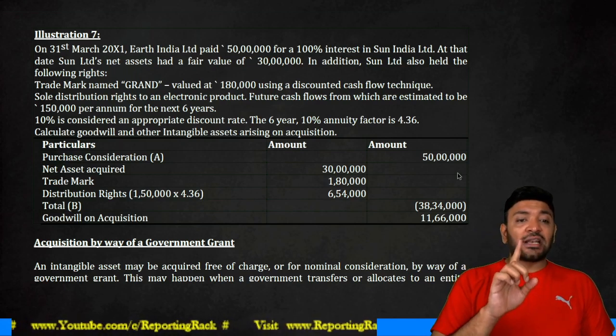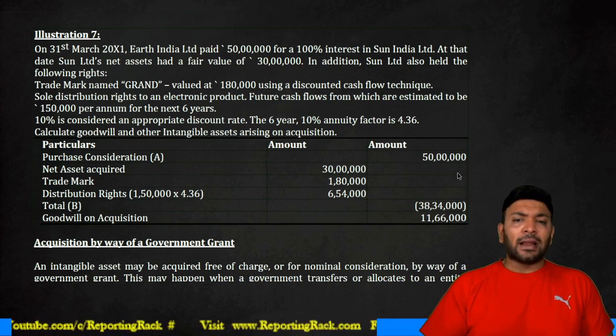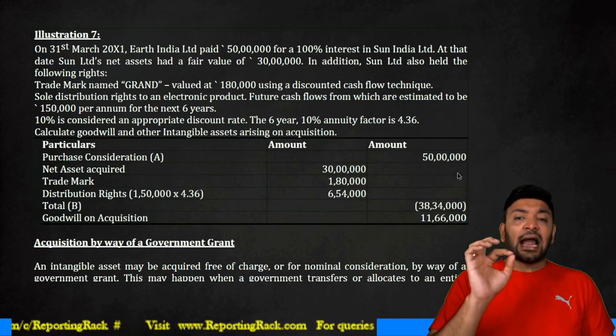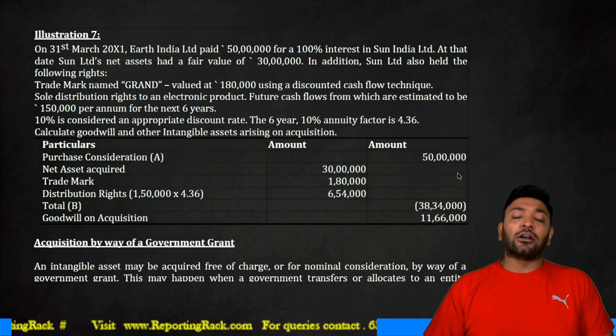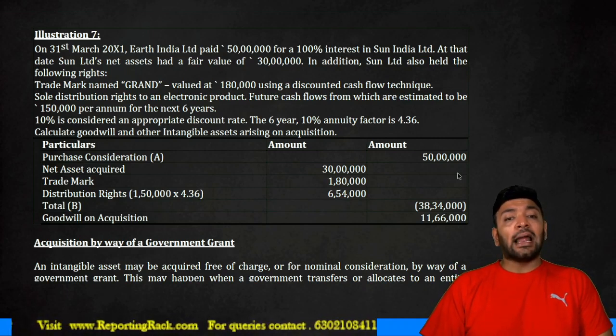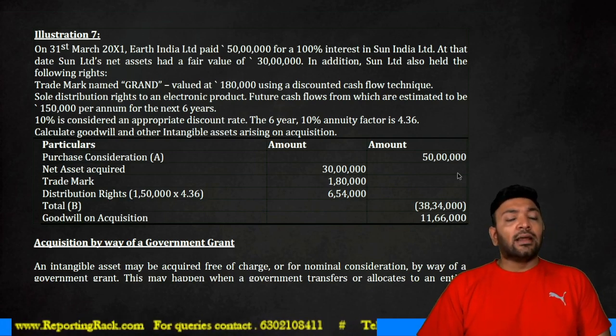So the sole distribution right has not been valued. We will have to identify the fair value by applying the discount factors. 10% is the discount factor. The 6th year annuity factor, that is PVAF, present value annuity factor for 10% is 4.36. Calculate goodwill and other intangible assets arising on acquisition. Very clear, guys.